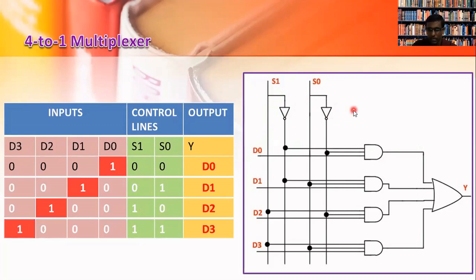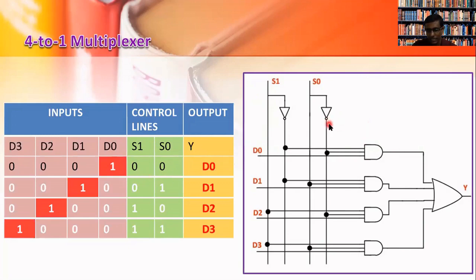For easiness, we are considering the output of NOT gate is 0 and the direct line is 1, to understand connection in an easy way. Therefore, first case, when we consider D0, the control lines are 0, 0. S0 is equal to 0, S1 is equal to 0.